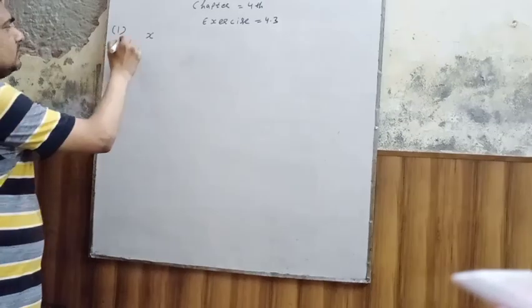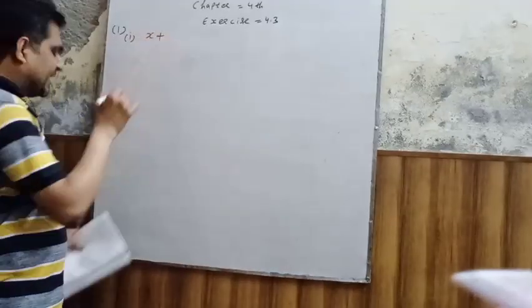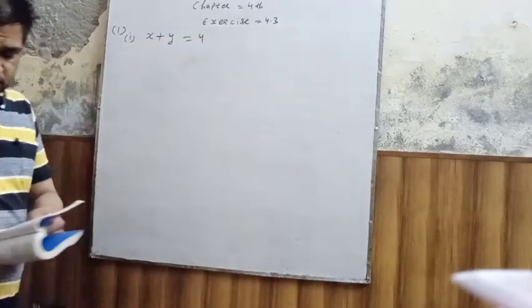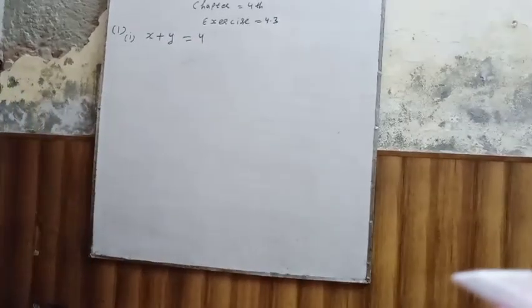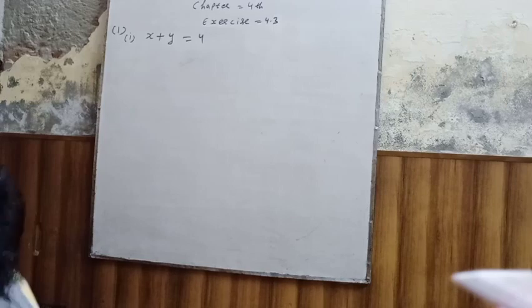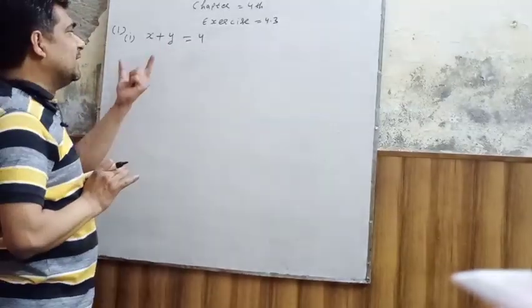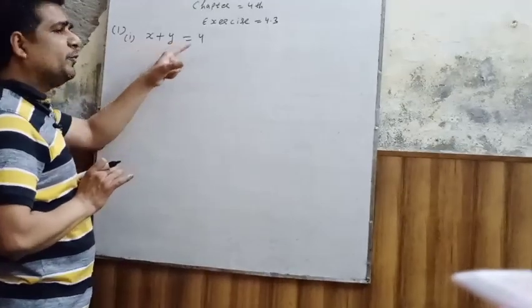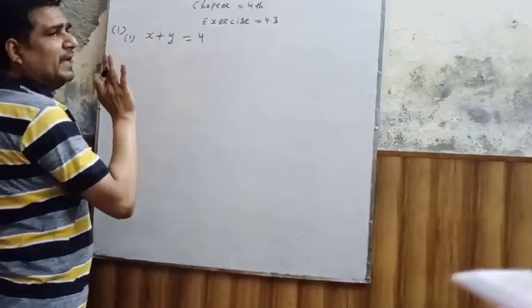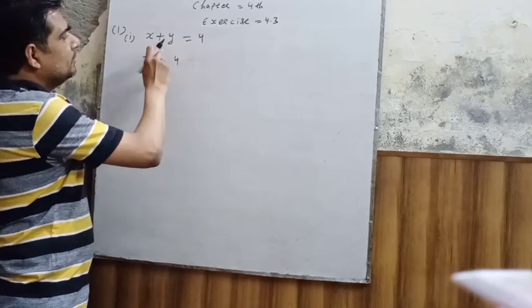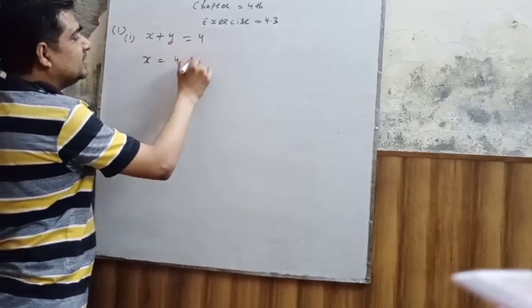First sum, x plus y is equal to 4. We have x plus y is equal to 4. Move y to this side, x is equal to 4 minus y.